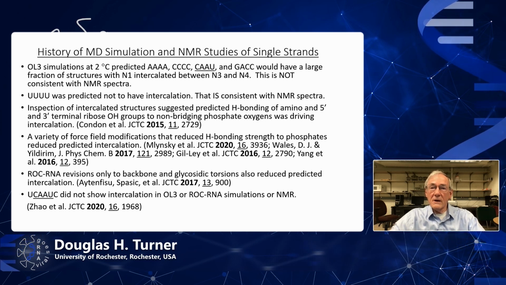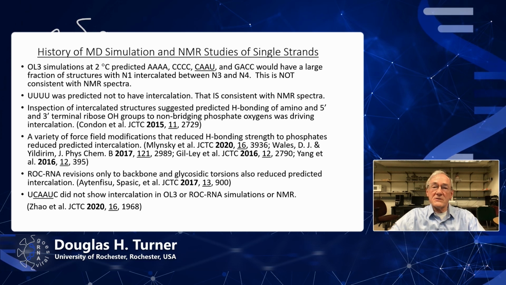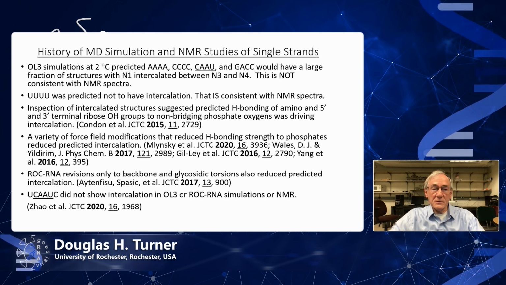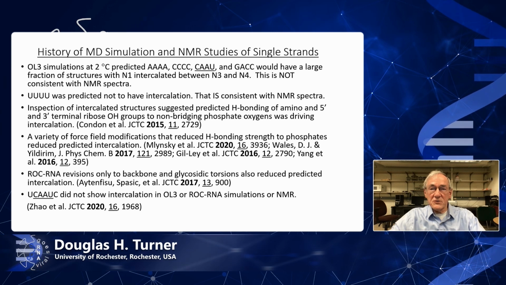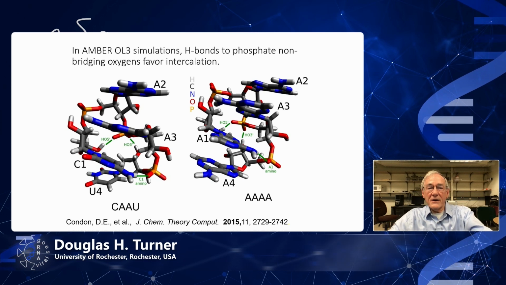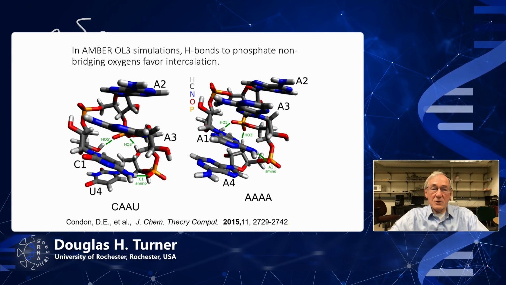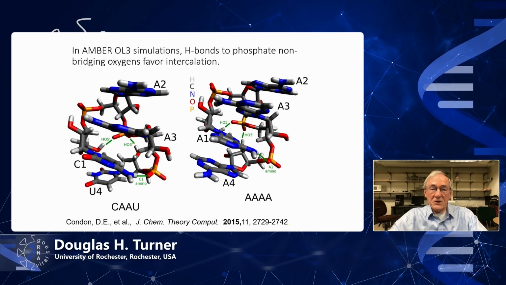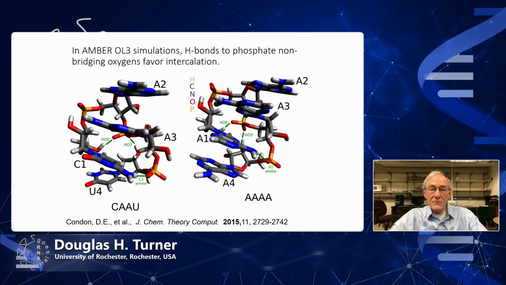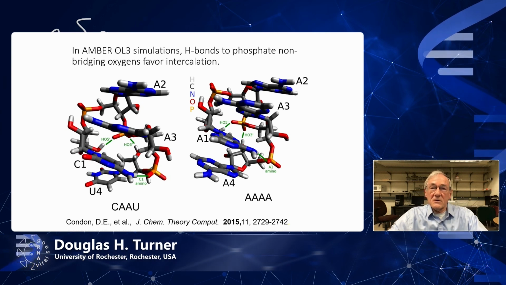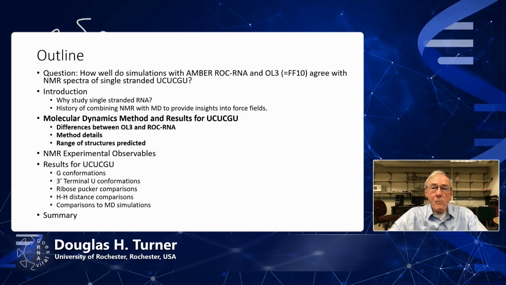So that's one piece of data that sort of tells you something is important about being able to get several hydrogen bonds close to each other. If you put the terminal OH groups further away, then you don't predict the intercalation anymore.